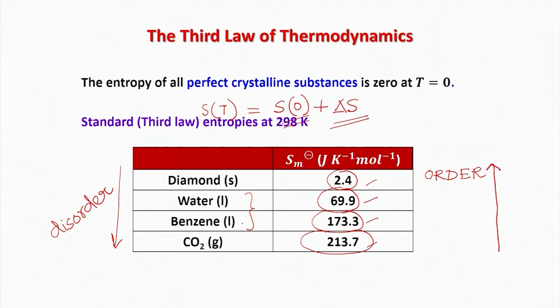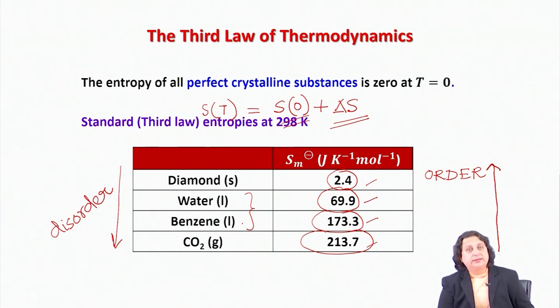Now you might wonder how I compare the two cases of water and benzene. Here both of them are liquids, but water has a much lower entropy than benzene. Water is a very interesting system because of one property that it possesses that liquid benzene does not, and that is the hydrogen bonding. Because of the presence of hydrogen bonding at the microscopic level, there is more order in water structure in comparison to the microscopic structure of benzene.